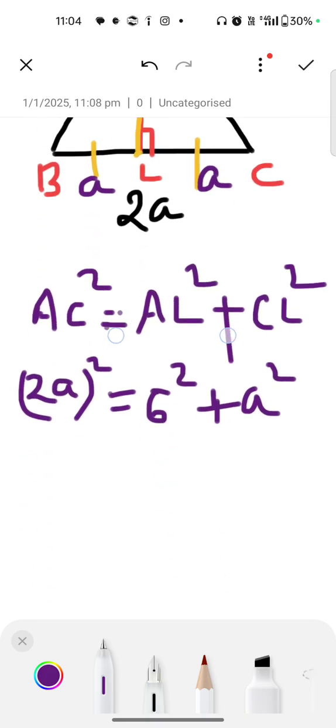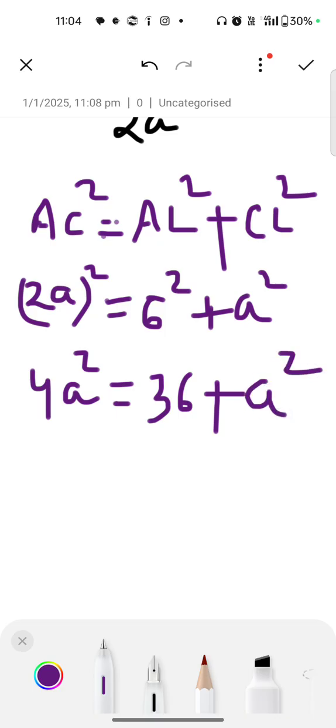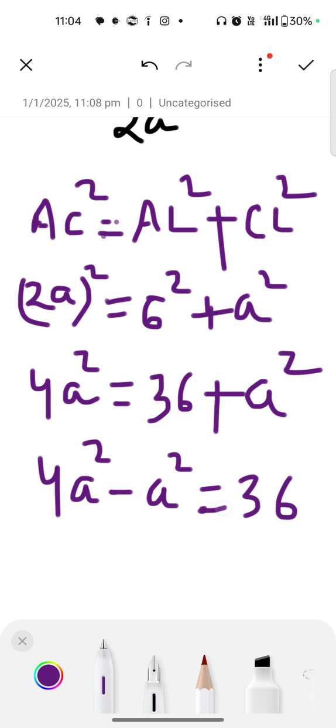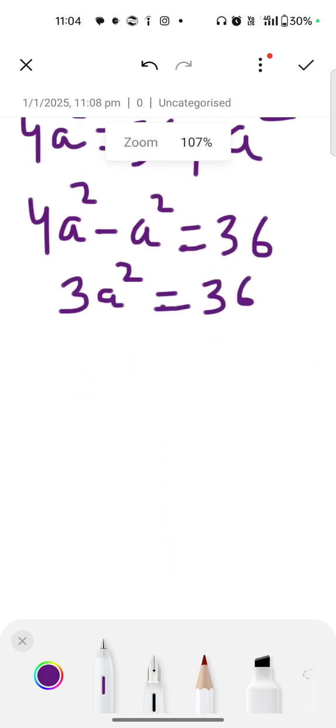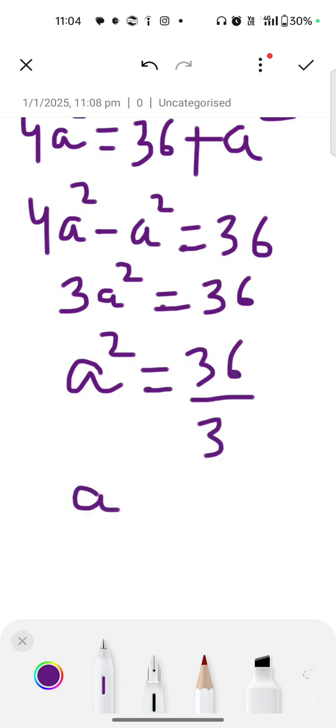Now solve: this is 4a square equal to 36 plus a square. Now a square will be transposed and become minus a square, so 3a square equals 36, and a square will be equal to 36 upon 3, which is 12.